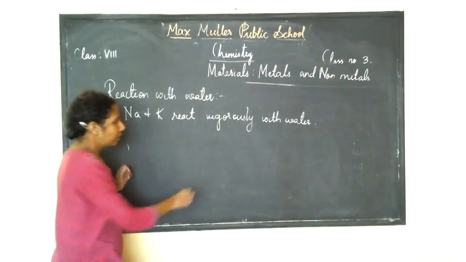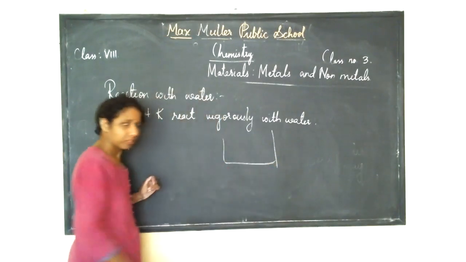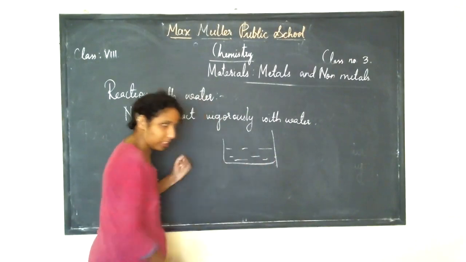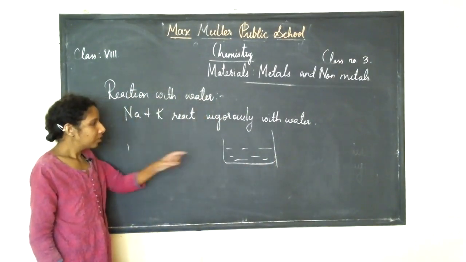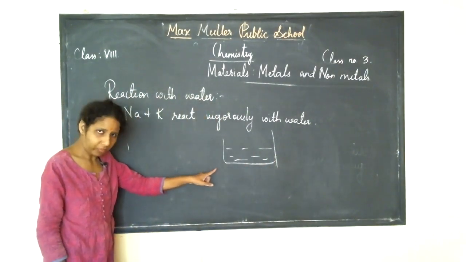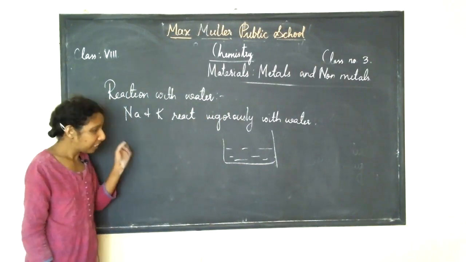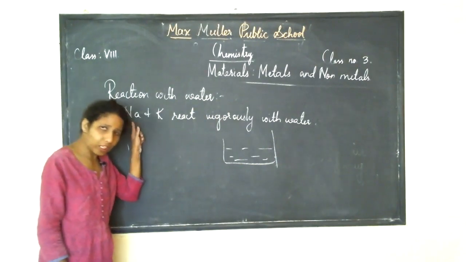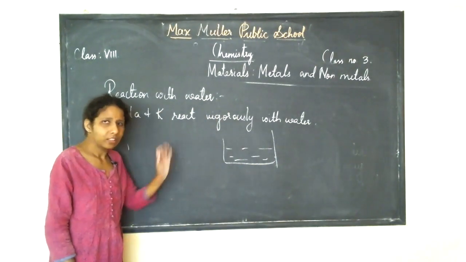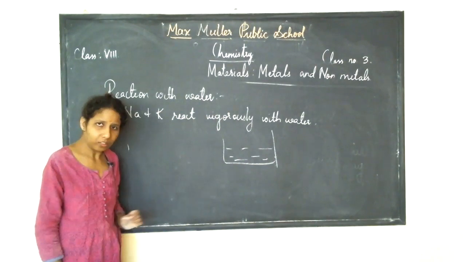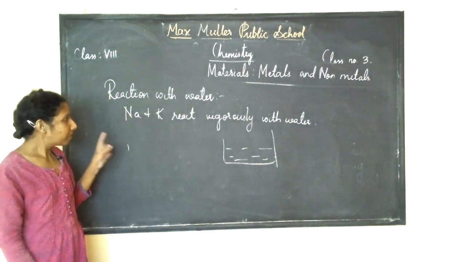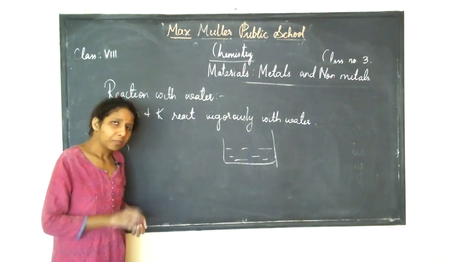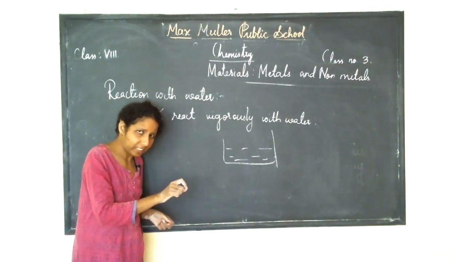What you will do is you take a trough with water in it. You add a very small grain-sized sodium into the water. At that time this sodium runs on water, becomes smaller and smaller in size.